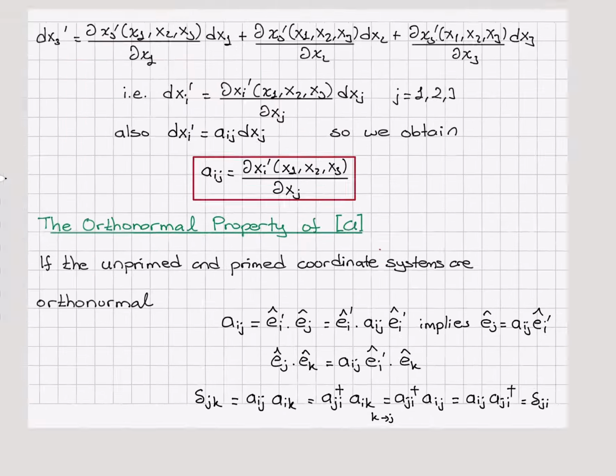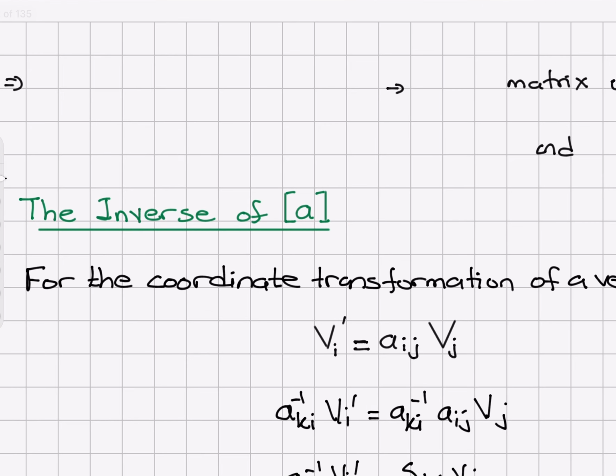And in matrix form, this implies A matrix multiplied by its transpose, Aij, A transpose Ji.